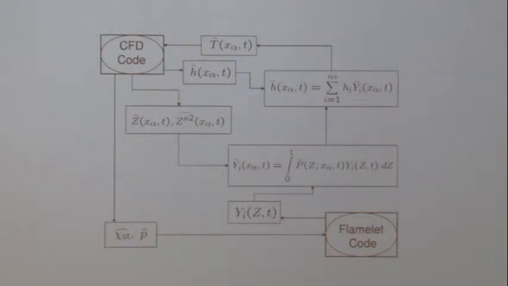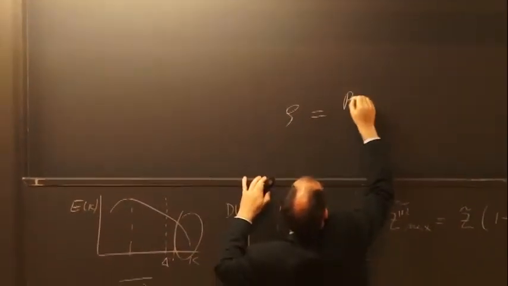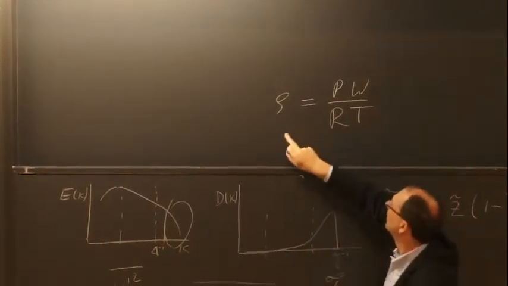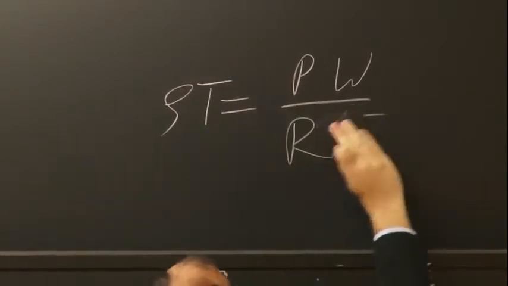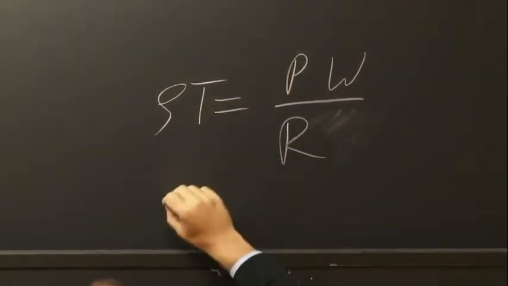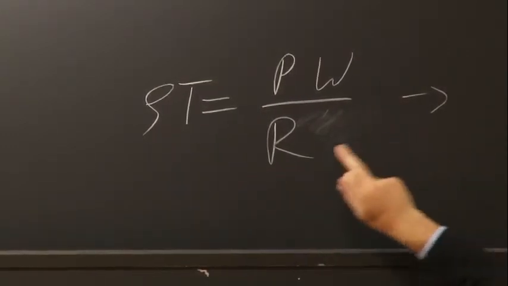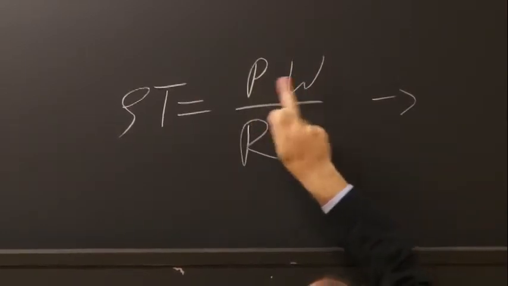By the way, this is the same error we make when we now take the ideal gas law and put RT here. Now do the Favre average of this, then you get a correlation here also.